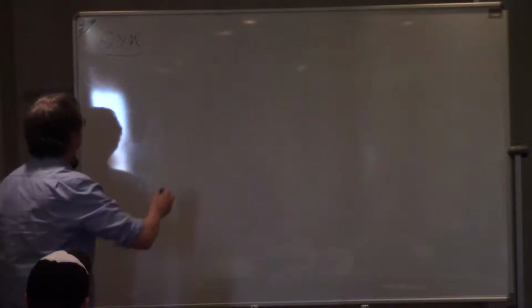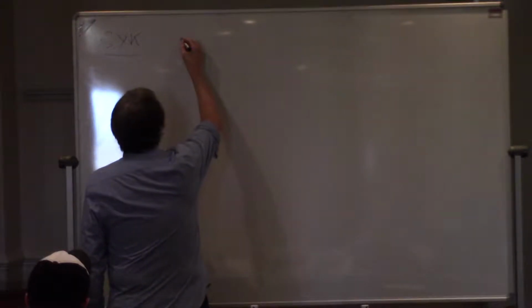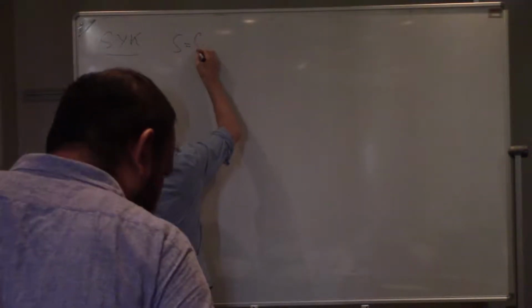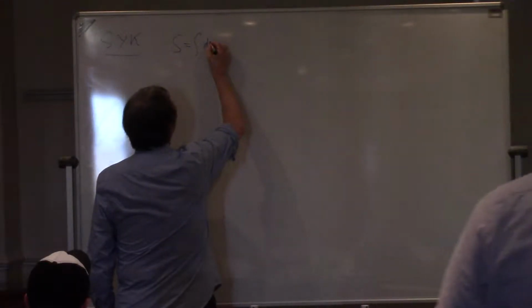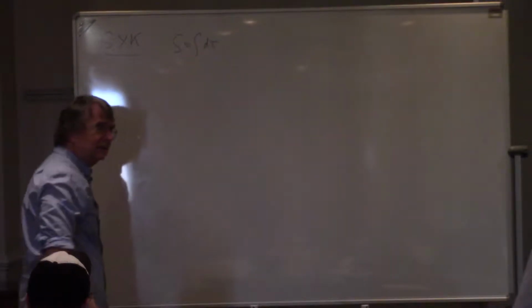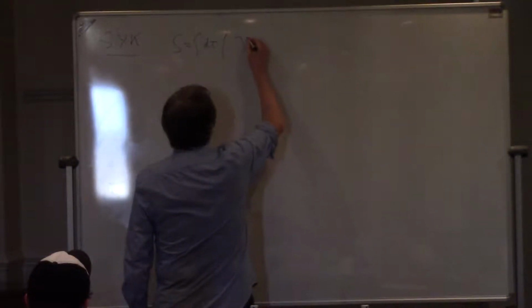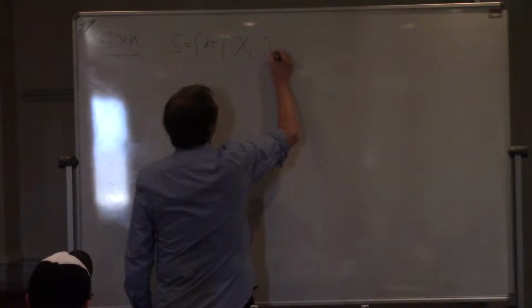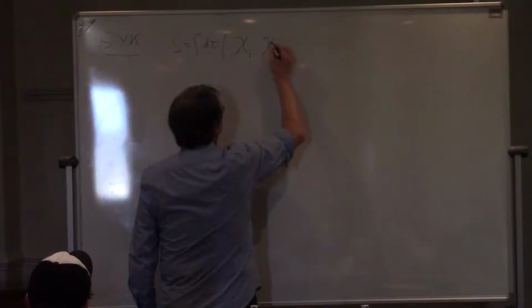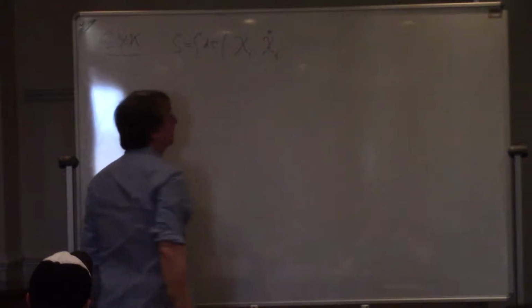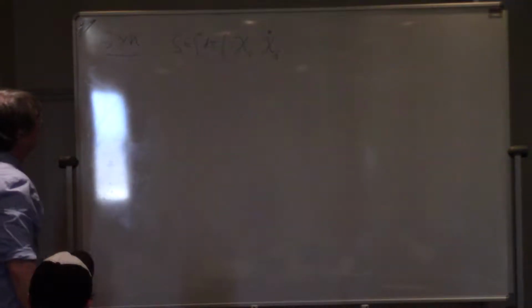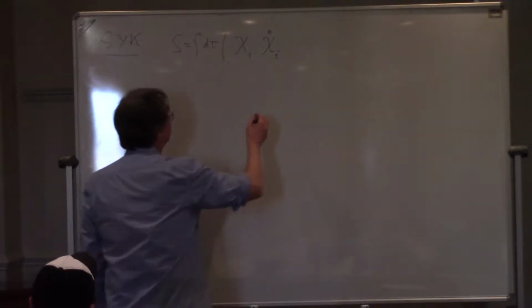And just to expedite things, let's just remember that was an action, integral d tau. It was a Euclidean theory which is being studied. And there are fermions psi_i. And this is just to assure the Majorana commutation relations. It's a kinetic term for the Poisson structure.